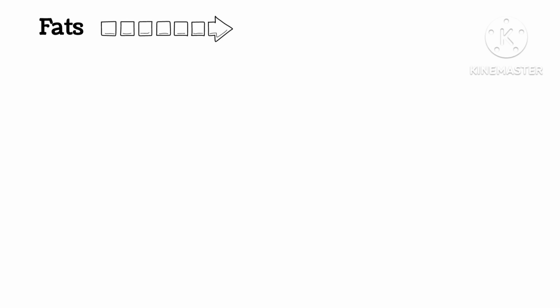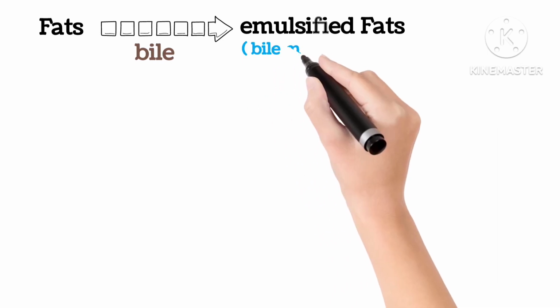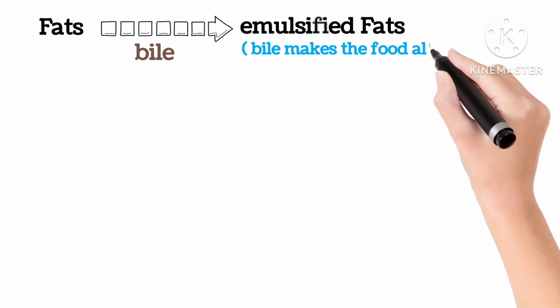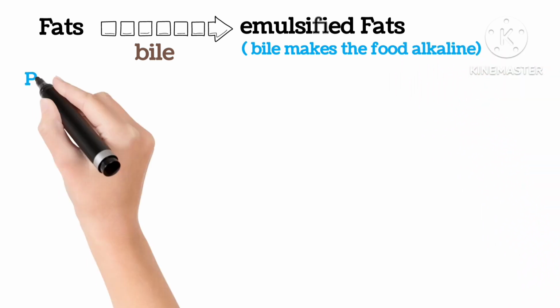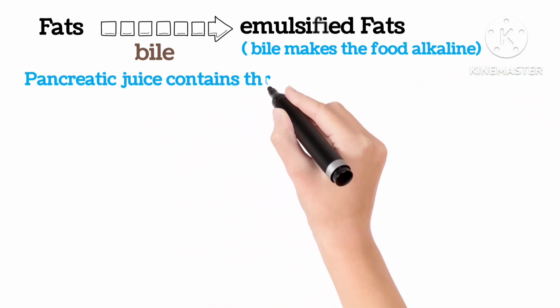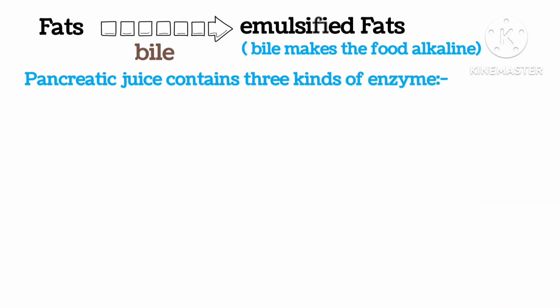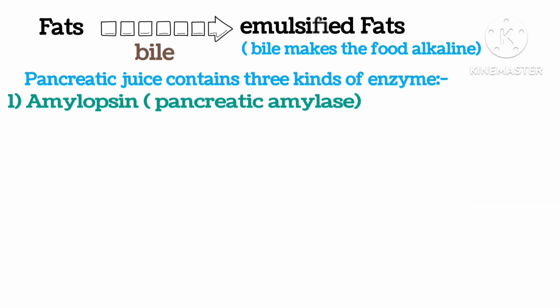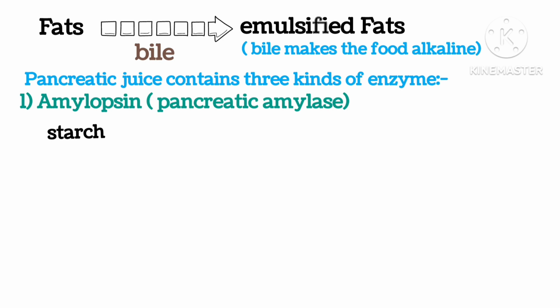Fats are converted into simpler emulsified fats with the help of bile juice. Bile makes the food alkaline. Pancreatic juice contains 3 kinds of enzymes. First is amylopsin or pancreatic amylase. It converts the starch into maltose.